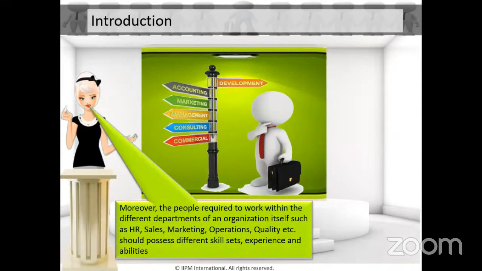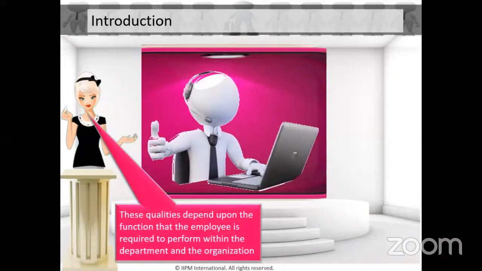Moreover, the people required to work within the different departments of an organization itself, such as the HR, the sales department, the marketing department, the operations department, the quality control department, should possess different skill sets, experiences, and abilities. These qualities depend upon the function that the employee is required to perform within the department in the organization.